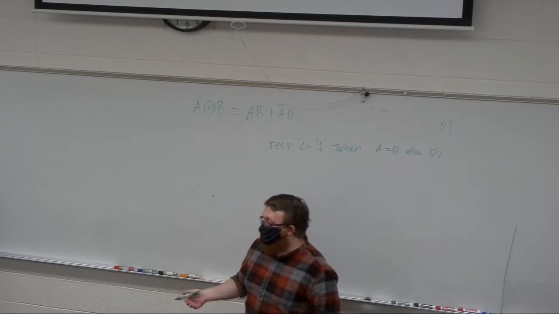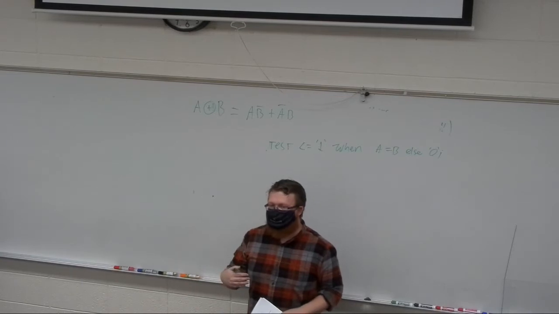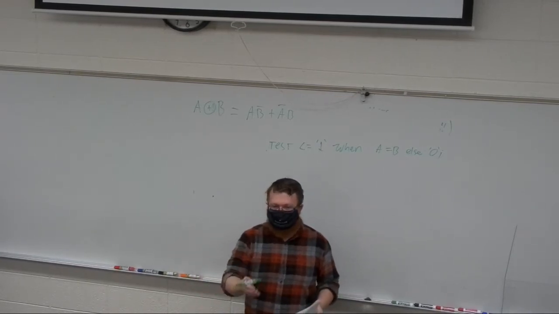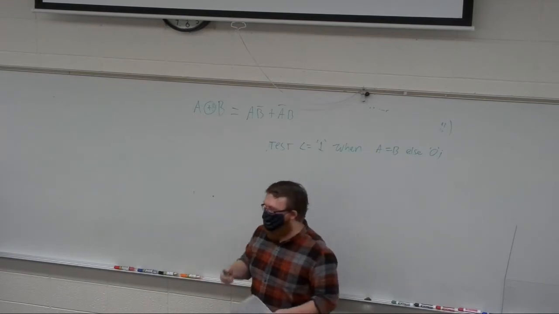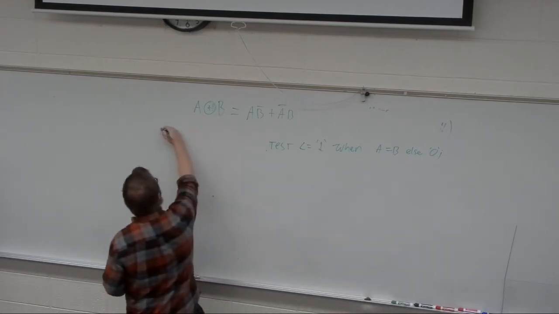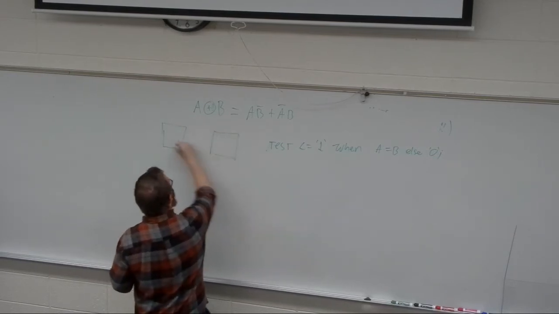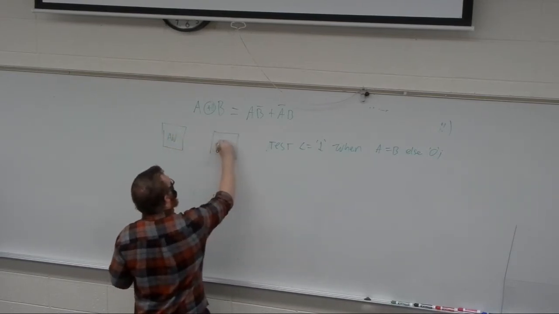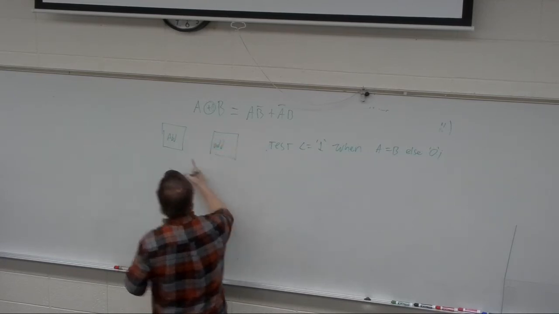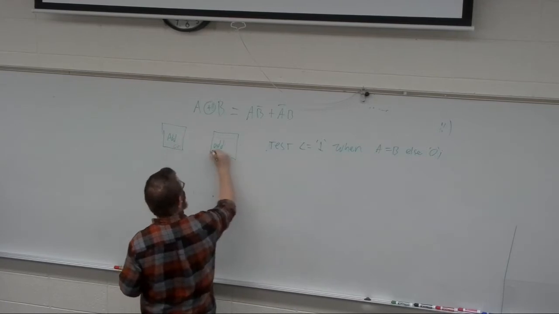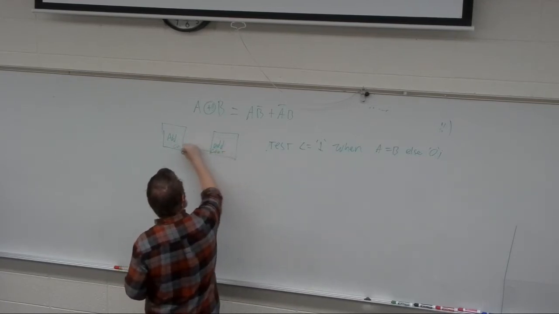So what we've done previously is something that is size efficient, which was the ripple carry adder, where you chain adders together, where you're going to have a C in, C out.